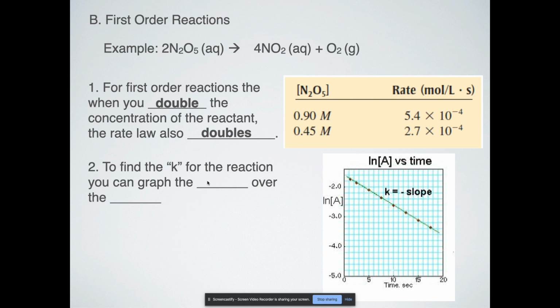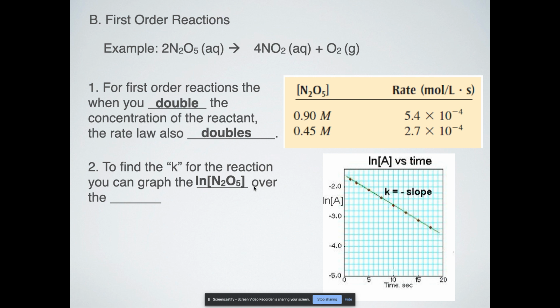Now, again, what about the k, right? In this situation, if you were to graph the concentration over time, you would not get the rate constant. You'd have to actually take the natural logarithm of N2O5, which is basically the inverse of the e value, like e being the constant.